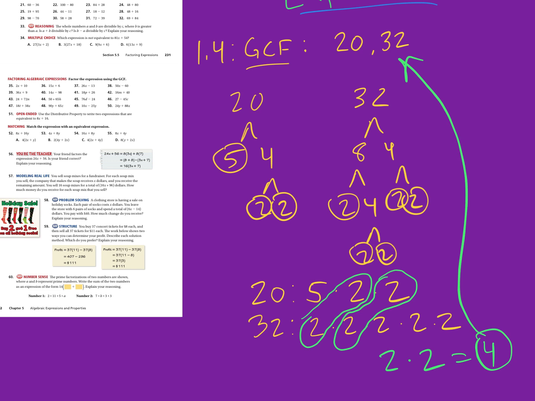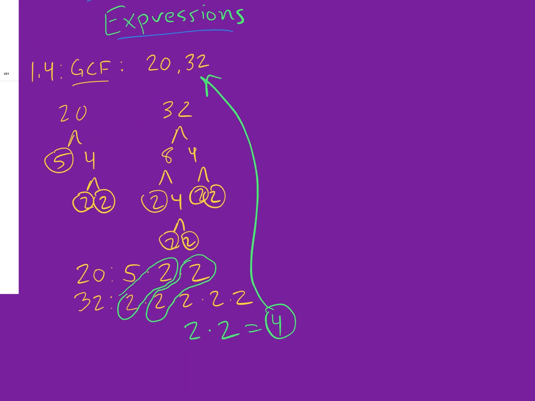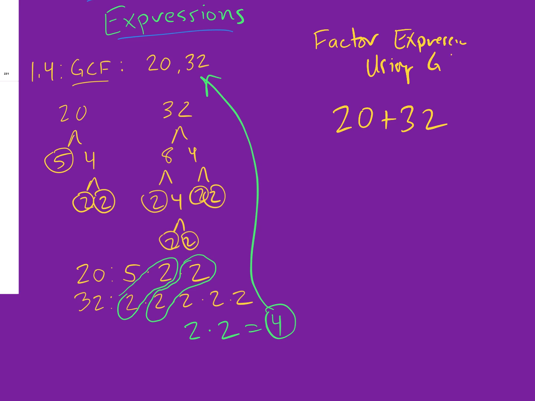So let's say that I have a setup. Let's set up a quick expression over here. Let's say we have something simple with 20 and 32. So let's say we have 20 plus 32. And so let's say my instructions are to factor this expression using GCF.